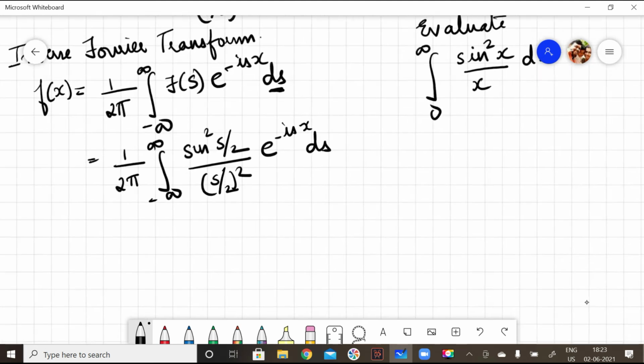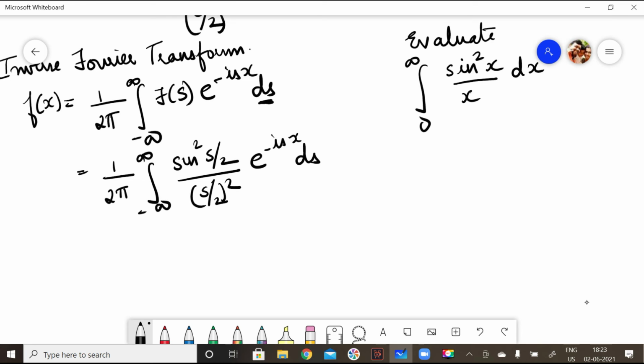Okay, so now what should we evaluate? We should evaluate the integral from 0 to infinity of sine square x by x. Here there is no e term, but in the problem we have the e term. So to make this vanish, what will I do?